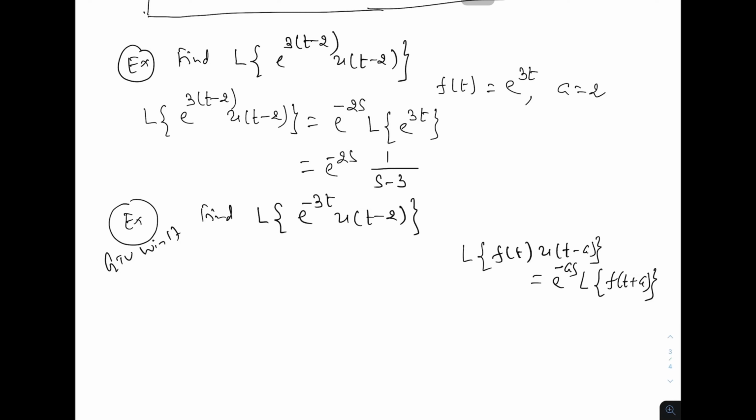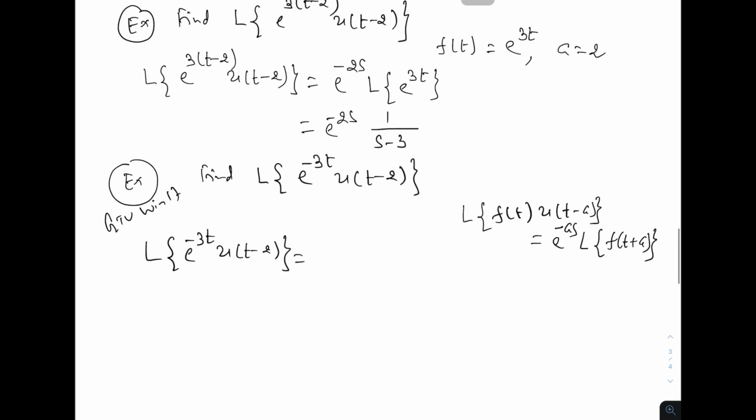So now this is Laplace transformation of e power minus 3t u of t minus 2 equal to e power minus as. What is a here? A is 2. What is f of t? F of t is e power minus 3t.